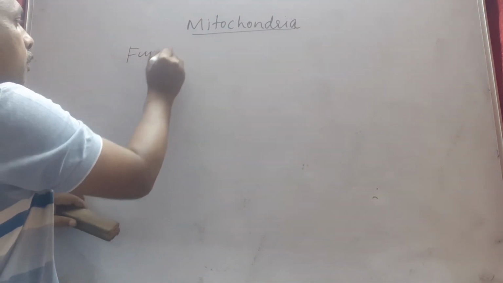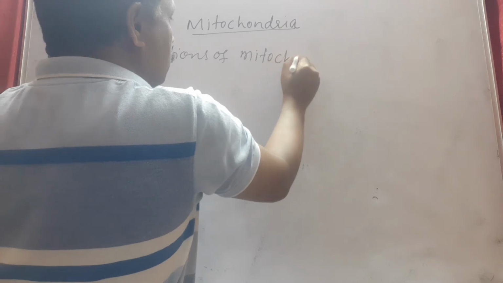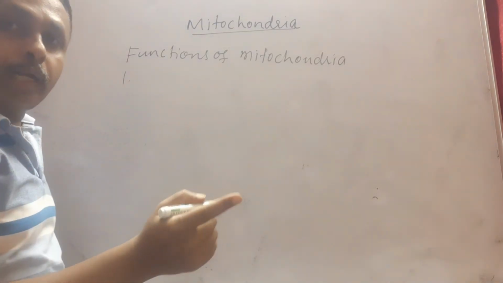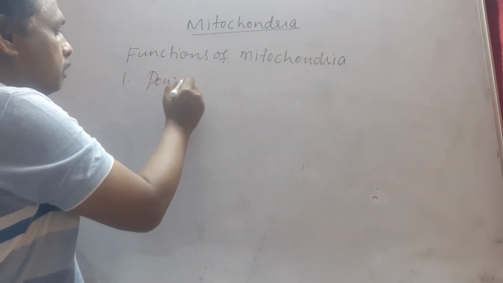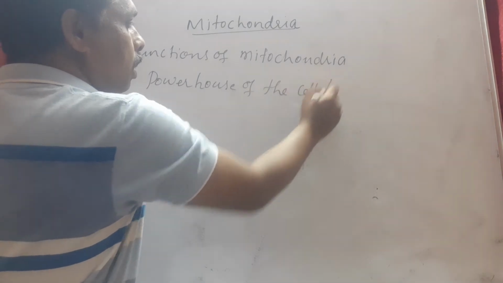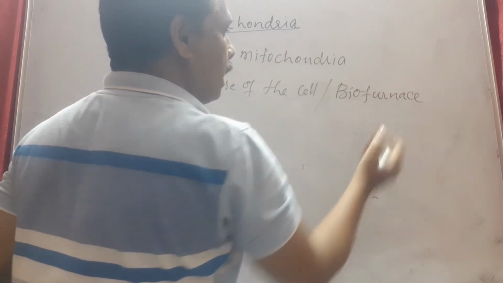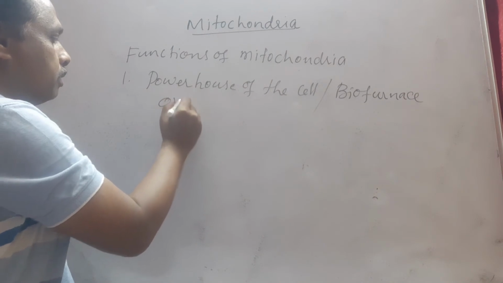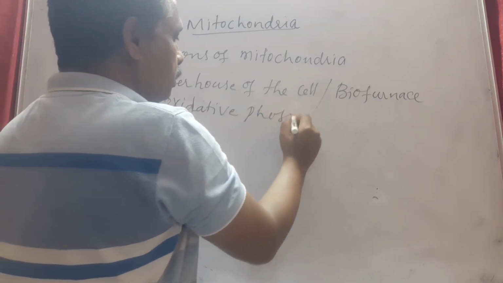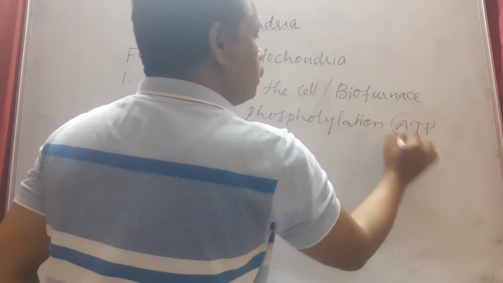Next, the functions of mitochondria. Mitochondria is called, as I told you already, the powerhouse of the cell, or biofurnace, as it is performing oxidative phosphorylation, resulting in ATP generated.